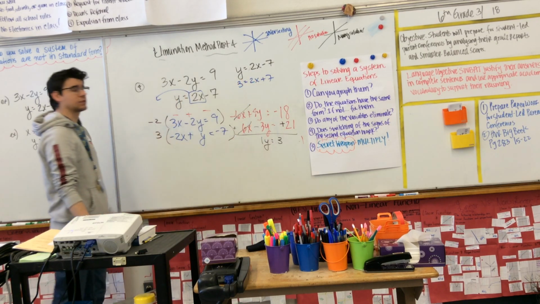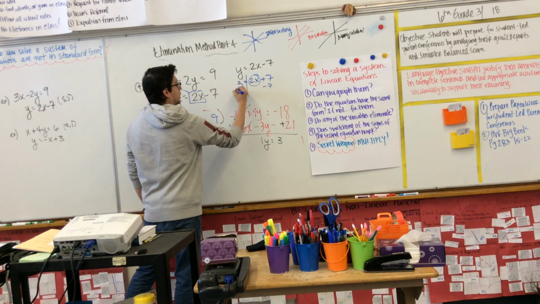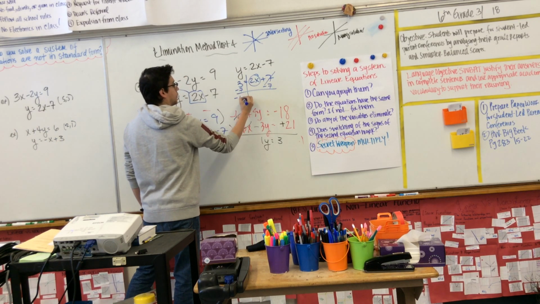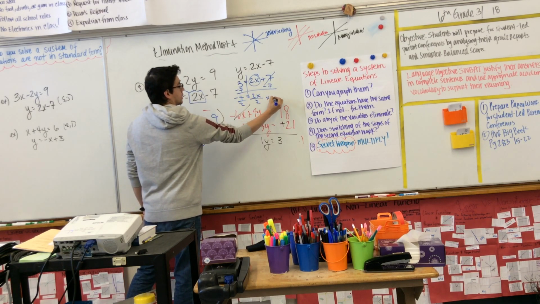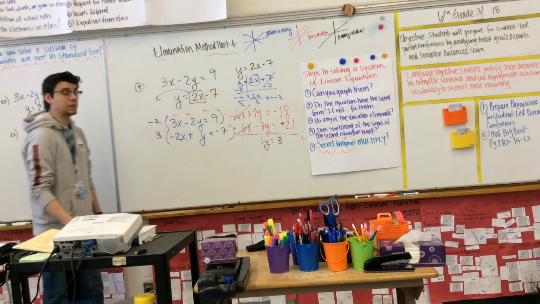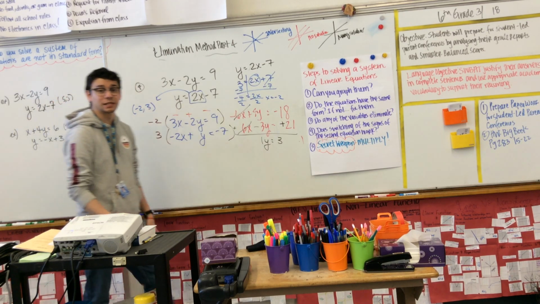Actually, this looks way easier than the top one. 3 plus 7, negative 4 equals 2x. Divide by 2, x equals negative 2. So therefore, my solution is negative 2, 3, which are intersecting lines.